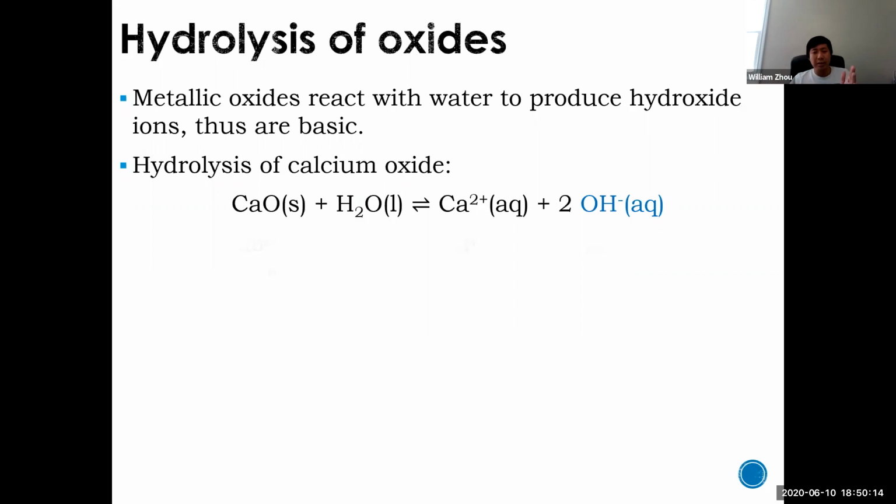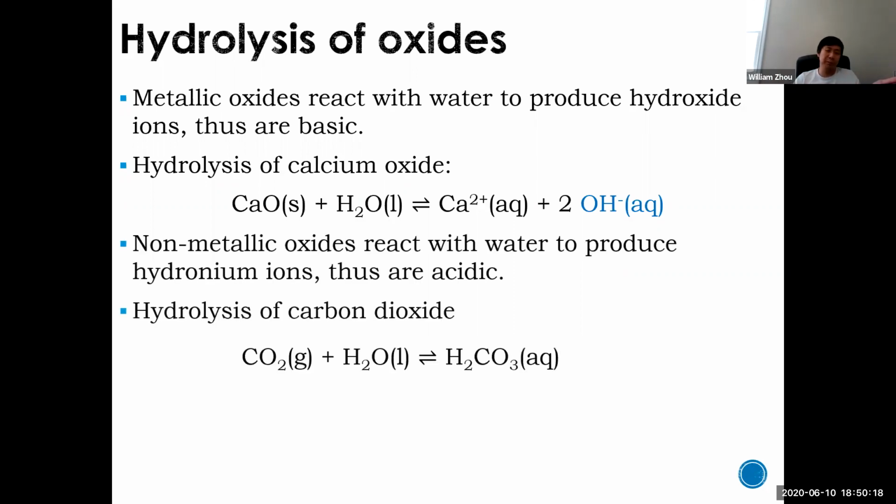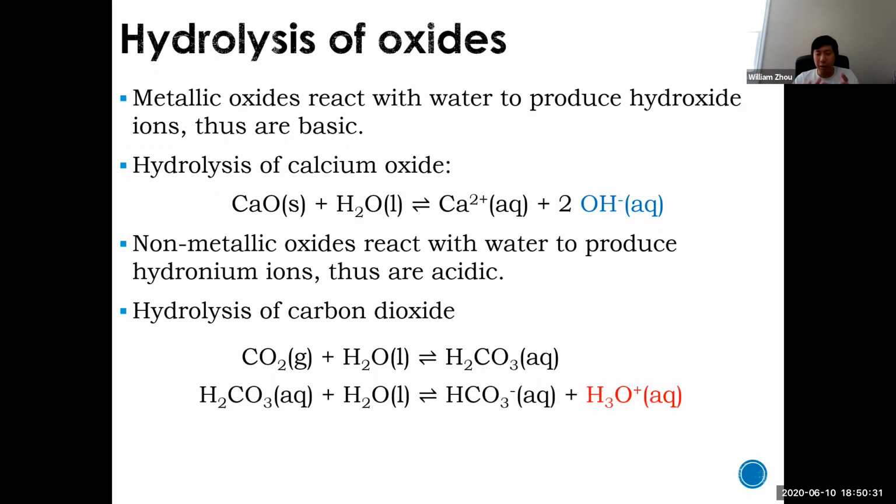Okay, non-metal oxides, like CO2, for example, will dissolve to become acidic. Here's why. CO2 plus water makes carbonic acid. That's the thing in Coca-Cola. Carbonic acid will spontaneously break down and donate a proton to water to make the bicarbonate ion and H3O+.